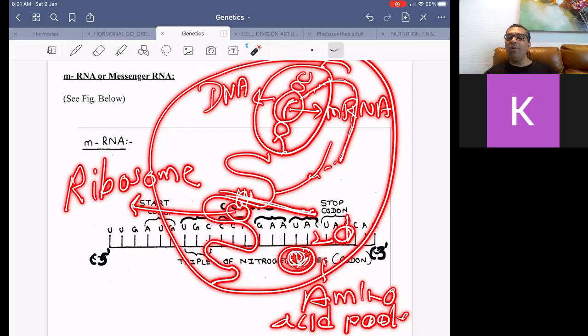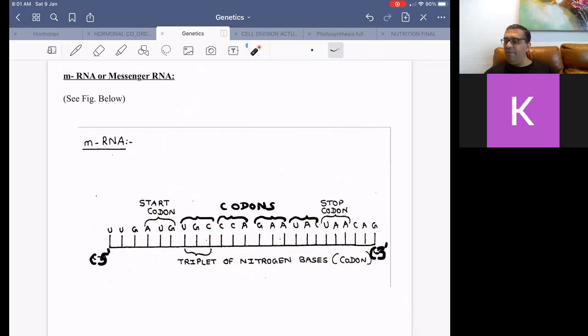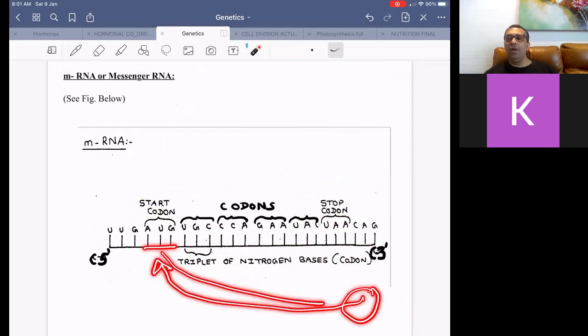Every codon will attract one of the amino acids.